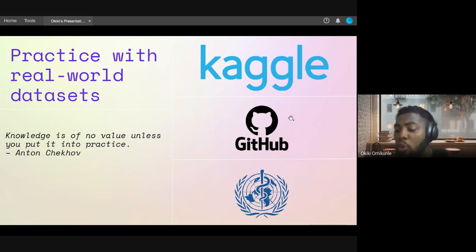Also, the World Health Organization, if you are looking to play around with world population, birth control, climate change. These three platforms are very, very useful for getting data sets.